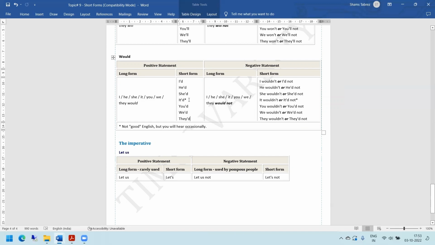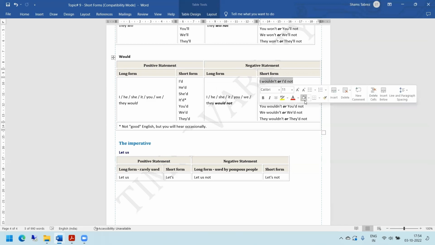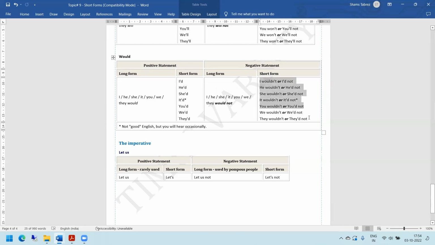So for I would, the full form should be used. Only for I would, you see the star is provided. Not good English, but you will hear occasionally. Especially with I would, the full form should be used. Short form should not be used, but sometimes you see people using this one. And when we add negative to it, like I would not, you would not, they would not, we have different forms for different pronouns.